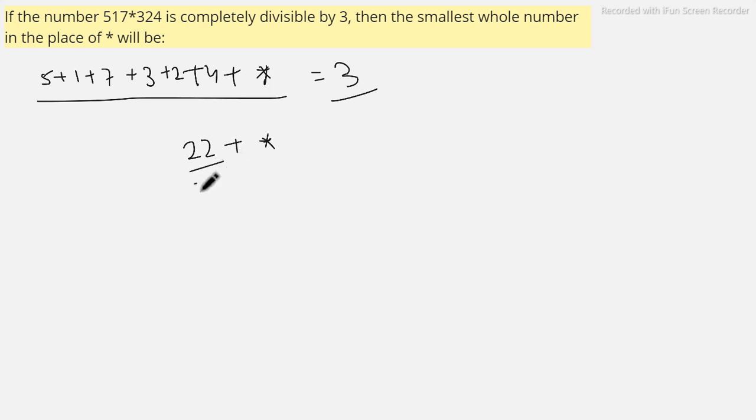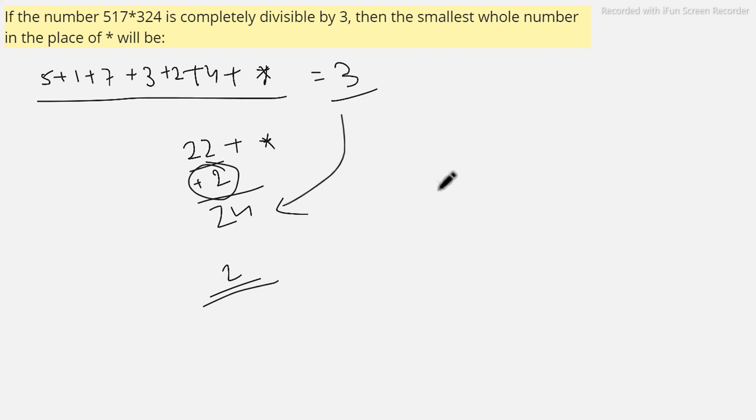So the smallest we can get is 2. If we add 2, we will get 24. So 24 will be divisible by 3, which means the whole number will be divisible by 3. So what we are adding is 2. So the smallest number we can put in the place of a star is 2. So 2 will be our right answer.